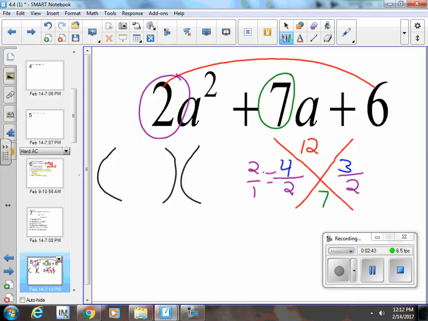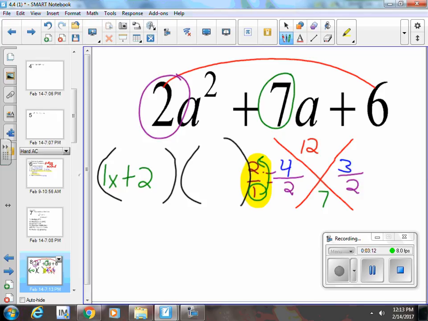Now we're going to set up our parentheses. We've got 2 parentheses with 4 terms. And we are doing from the bottom up for each parentheses. So my first parentheses is going to be 1x plus 2, and that's coming from this fraction, going bottom up.